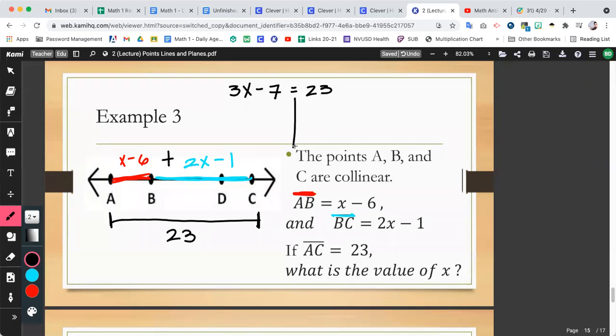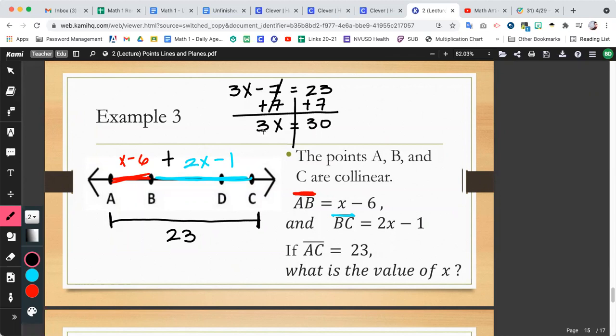Now we have a problem just like first semester. I've got to solve this. So we have to go back to our previous skills from first semester and work backwards. How do I get rid of -7? I add 7 to both sides. That goes away. 3 times x equals 30.